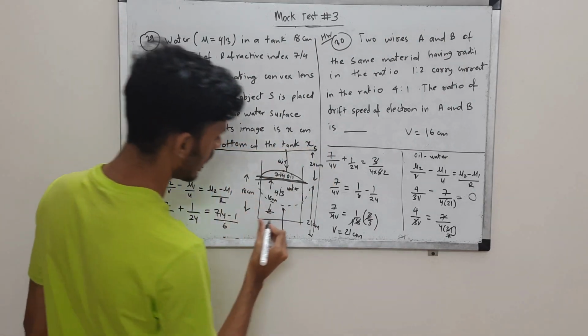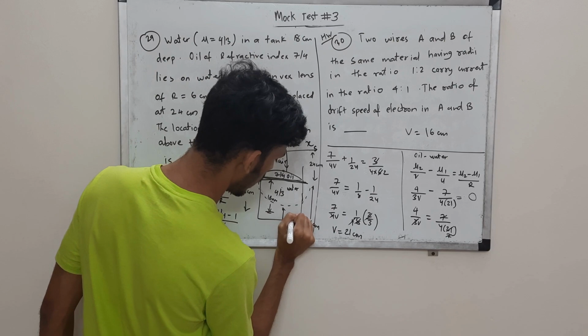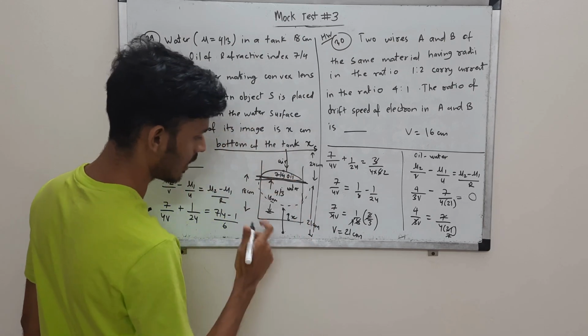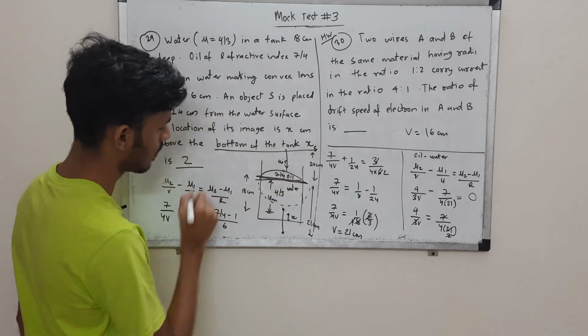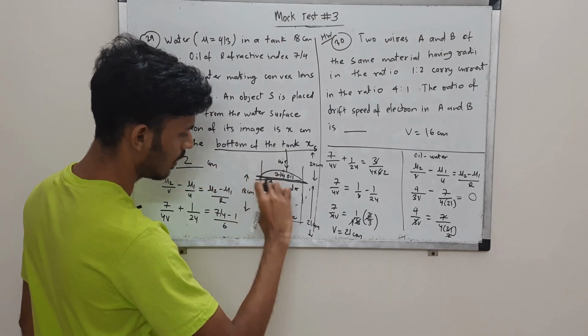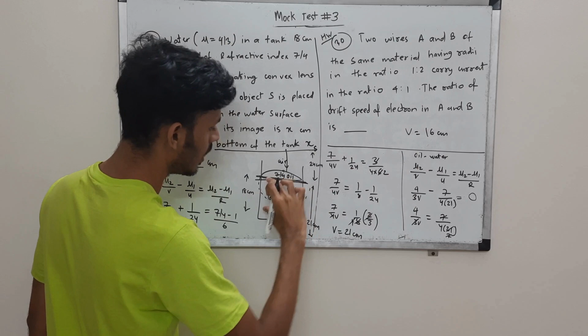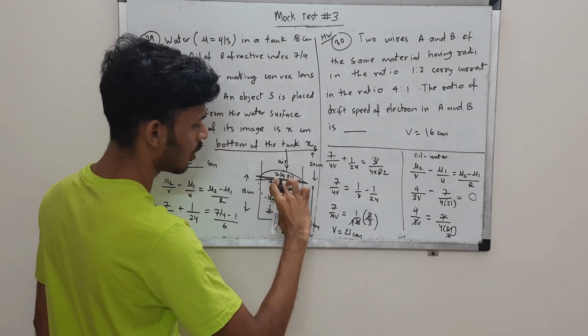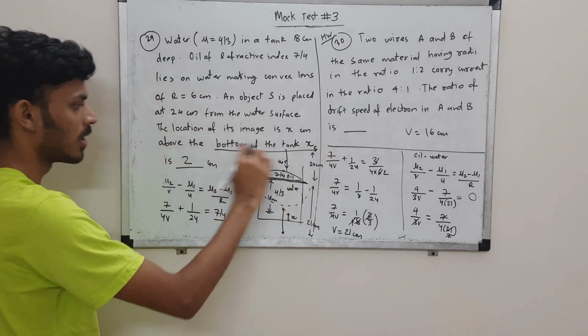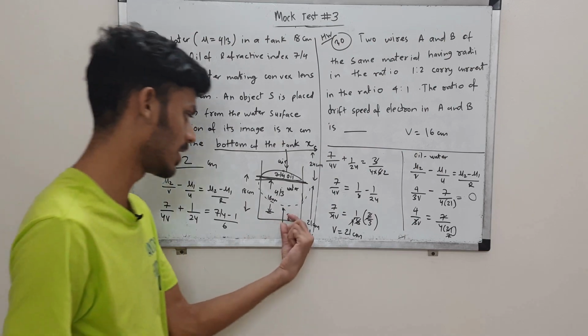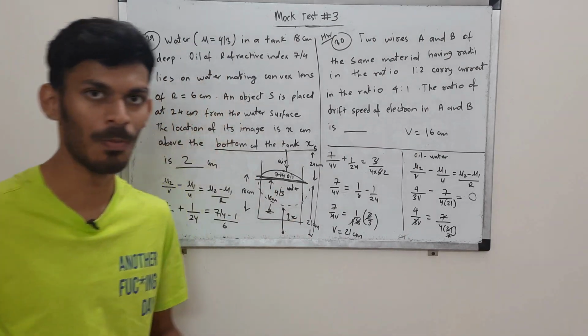The distance x is taken from the bottom of the tank, so it will be 18 minus 16, which is 2 centimeters. So 16 is from this interface, so you are not supposed to report this distance, you are supposed to report the distance from the bottom of the tank, which is this, so 18 minus 16, which is 2.